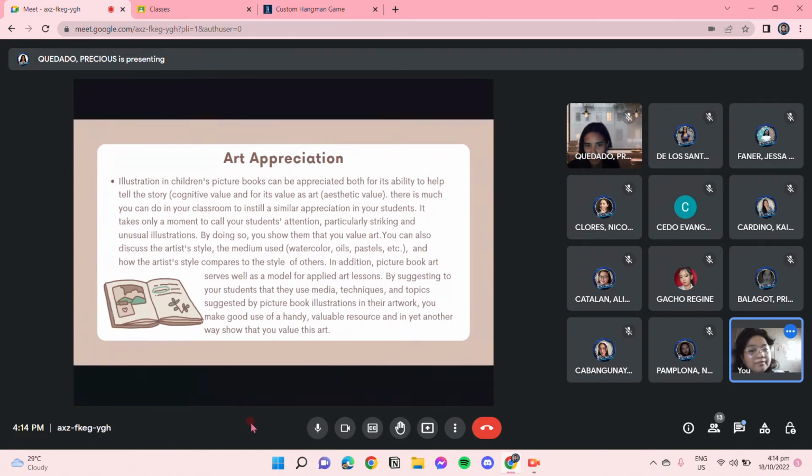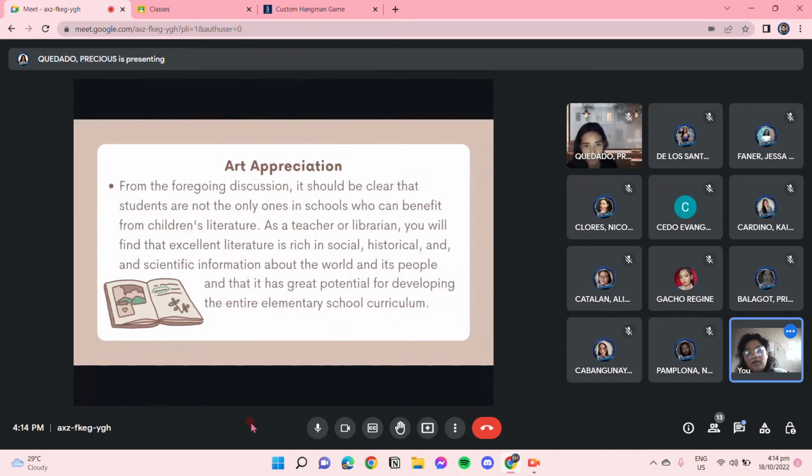Okay, next slide. From the foregoing discussion, it should be clear that students are not the only ones in school who can benefit from children's literature. It's not solely for children. At any age, you can appreciate art. You can appreciate the literature. You can benefit from it because children's literature is not complicated.